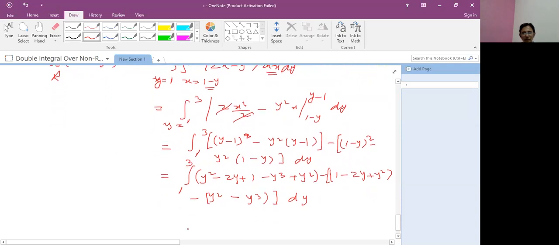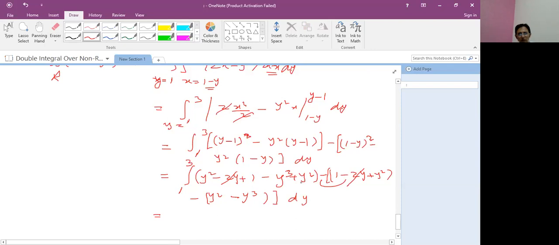So student, if we multiply together and find the result, y square minus 2y minus minus plus 2y, it means minus 2y cancels with plus 2y. Minus y cube, and it is minus minus plus y cube, it means it should be cancelled. Right or wrong? There are two negative signs, so it will not cancel. Sorry for that. So it is minus y cube.